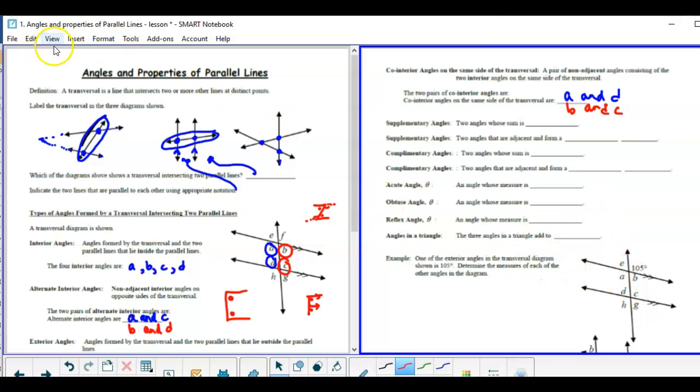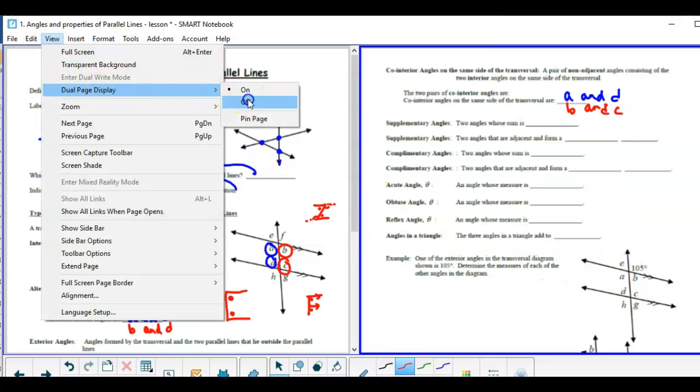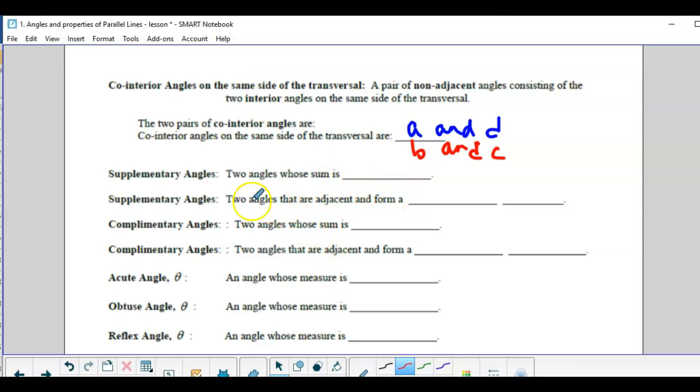I'm going to go back to a full screen here. Supplementary angles add to 180 degrees. When you form 2 angles together that are supplementary, they are adjacent and form a straight line, because remember, a straight line has an angle measure of 180.